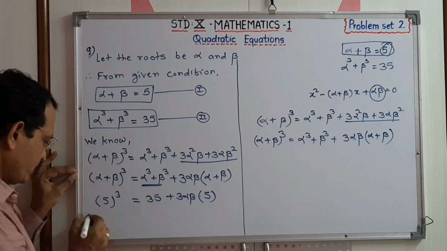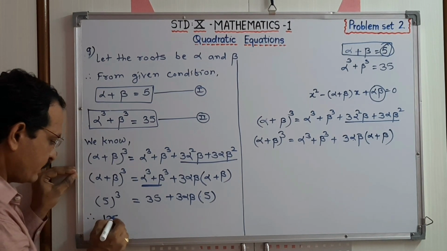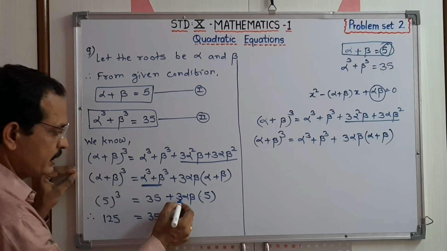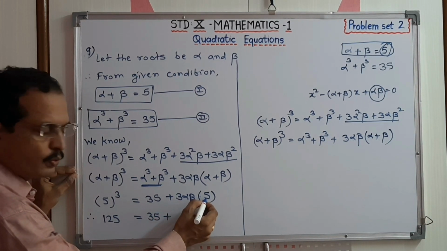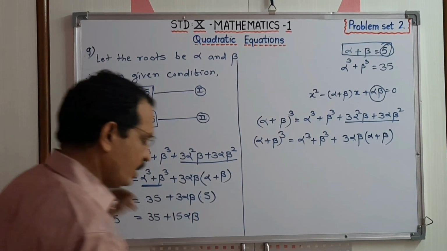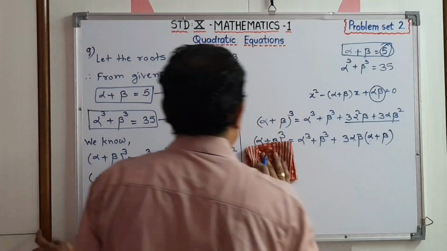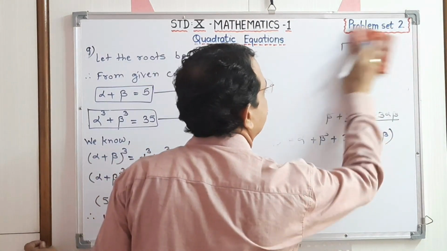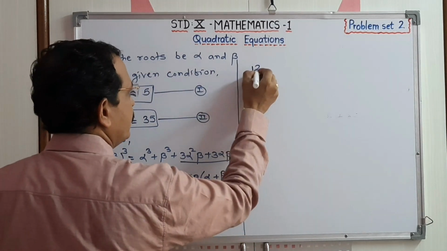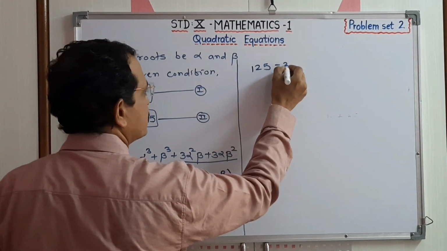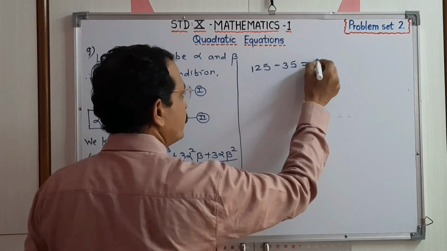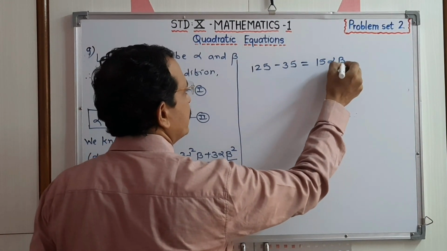Now cube of 5, it is 125, is equal to 35 plus 3 alpha beta into 5, that is 15 alpha beta. See here, 125 minus 35 is equal to 15 alpha beta.